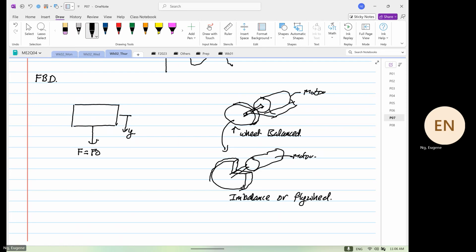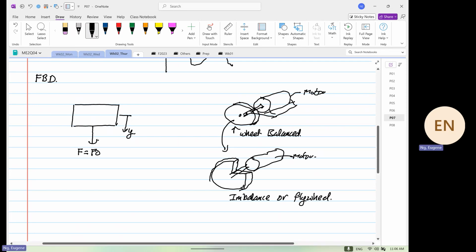Anyone? Yes. Hardly right. Can you elaborate further? Okay. More than that, yes. The term is spot on. Okay. The center of gravity is exactly on the what?